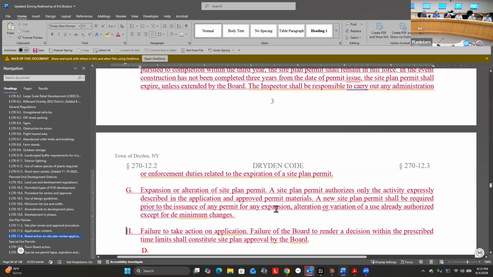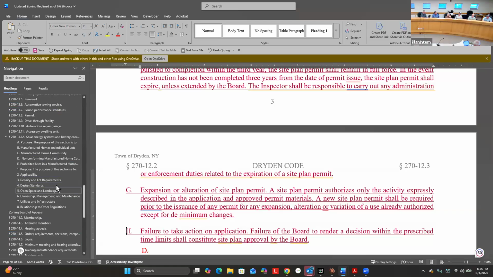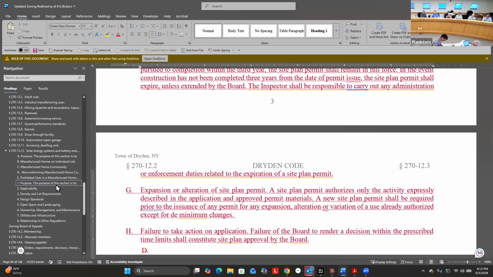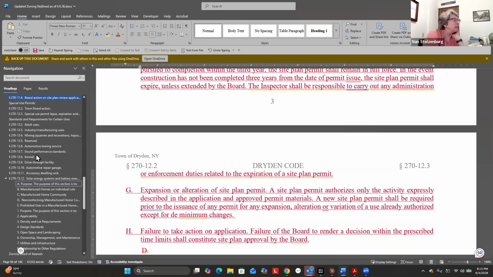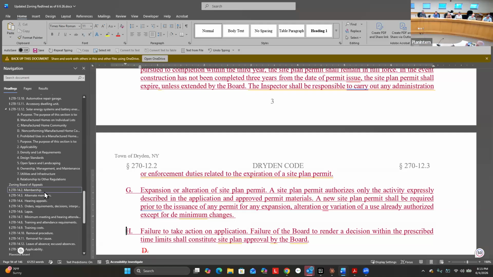Let's see. 13 is the solar energy. Those two things, special use permit, may be a full meeting right there. After that, you get into the zoning board of appeals, which is mostly just tweaks getting it into conformance with the state law.